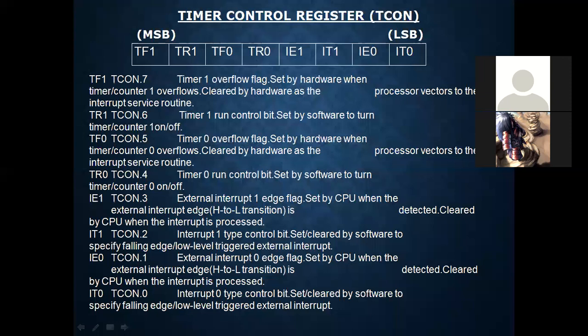Now in mode 0, there is the 13-bit mode. It counts from 0000H to FF1FH. Okay, this is the 13-bit timer mode.